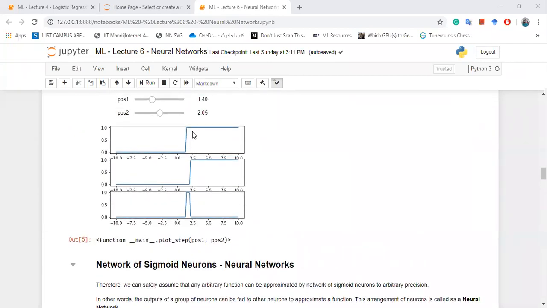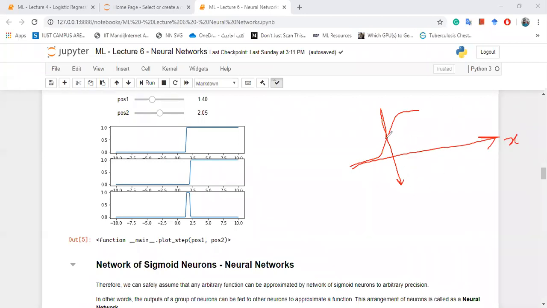These are the two neurons. We have shown the sigmoid function. This is 0. At 0 we have 0.5, and this is the x-axis. So this is the normal sigmoid function.